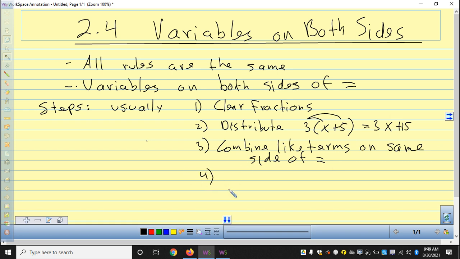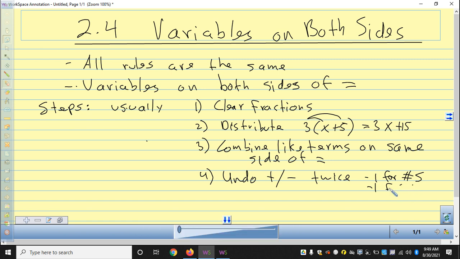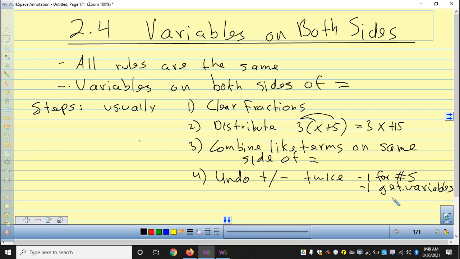And here's where our extra little bit comes in. We need to undo addition and subtraction twice. Once for numbers, and one to get variables together on one side.